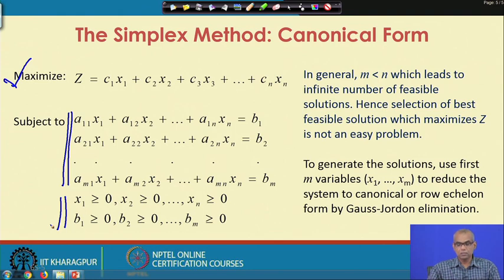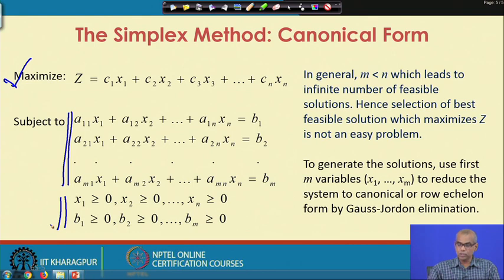In general, you will have a fewer number of constraints compared to the number of decision variables, and this leads to an infinite number of feasible solutions. Hence, selection of the best feasible solution which maximizes the objective function may not be an easy problem.